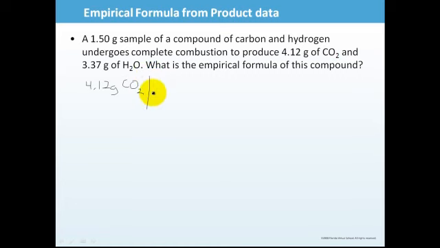And the first step is to convert this to moles. Right? That's always our first step, just like we've been doing. So we go to the periodic table and we look up our masses. Carbon is 12.011, and we add to that 2 of the oxygens, which are 15.999.